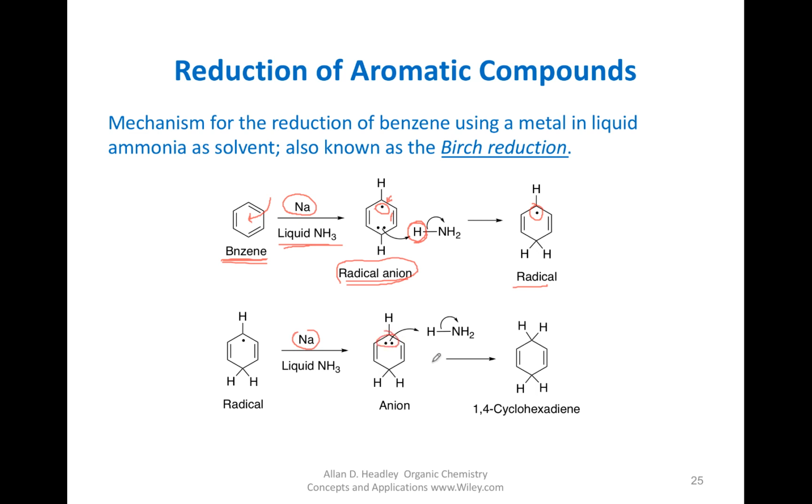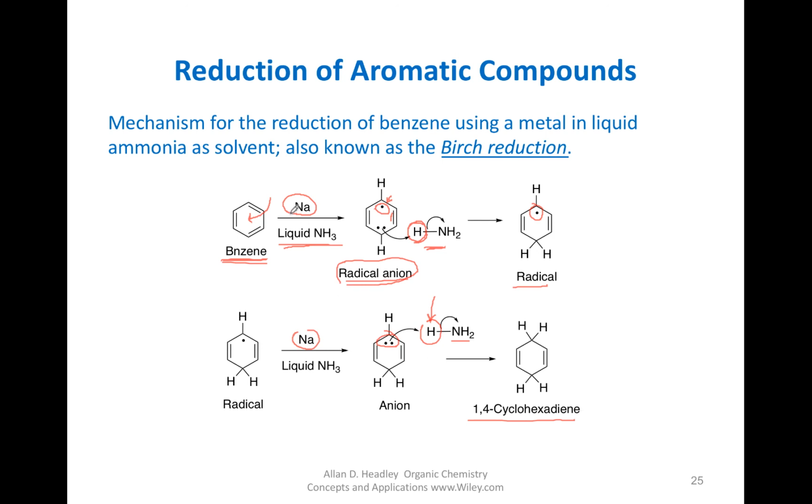So remember, radical is one electron. Putting another electron in, we have an anion. An anion here can do a similar job as before, abstracting a proton from the solvent, ammonia, to give here a reduced 1,4-cyclohexadiene.